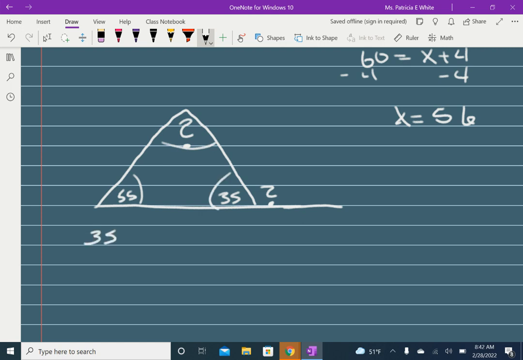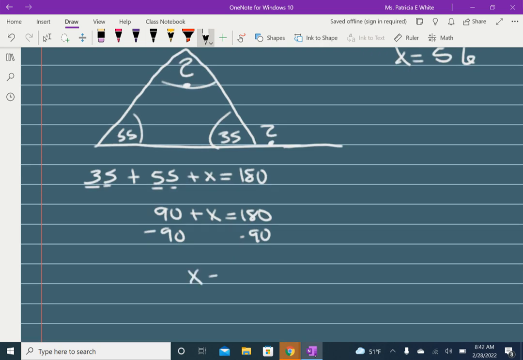So I would say 35 plus 55 plus x equals 180. 35 and 55, 30 and 50 is 80, 5 and 5 is 10. So 80 plus 10 gives me 90. I'm going to subtract that 90 from both sides, and x equals 90. Are you writing this stuff down, guys?